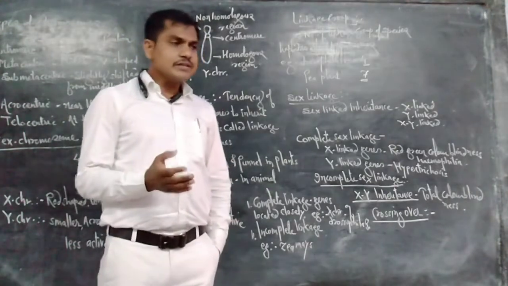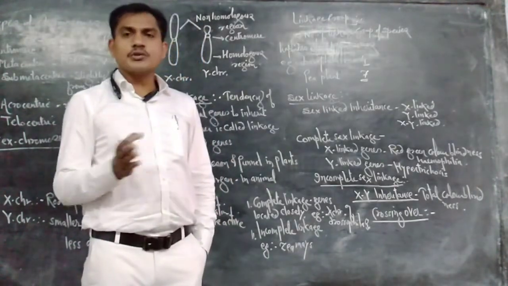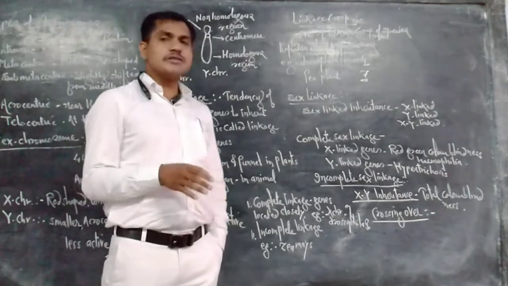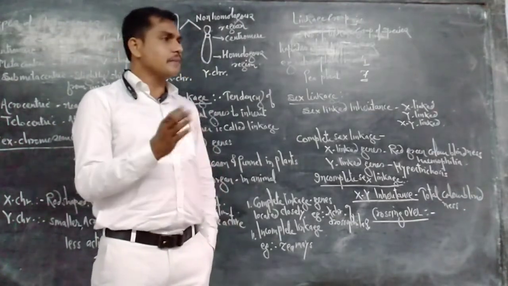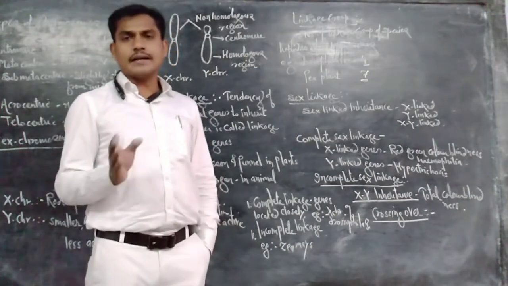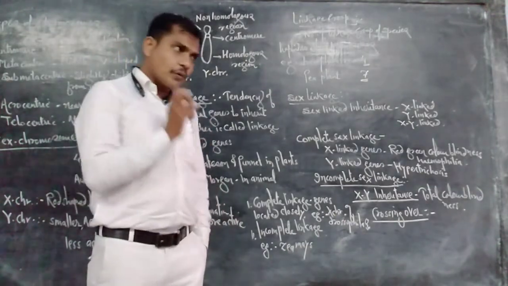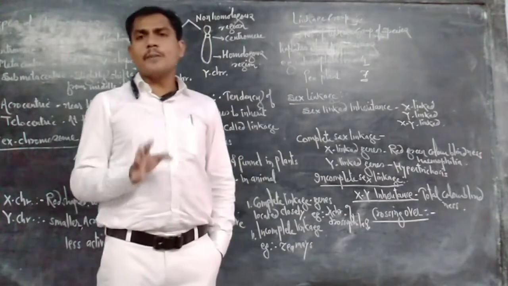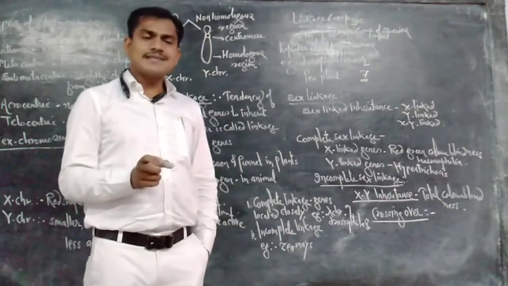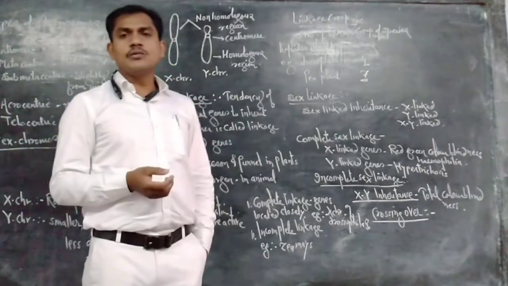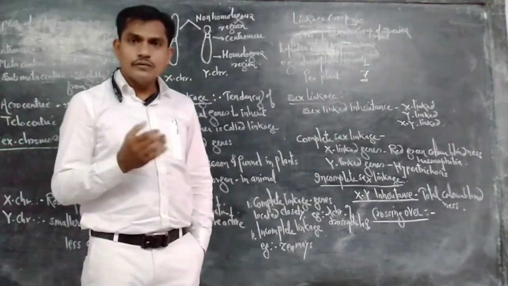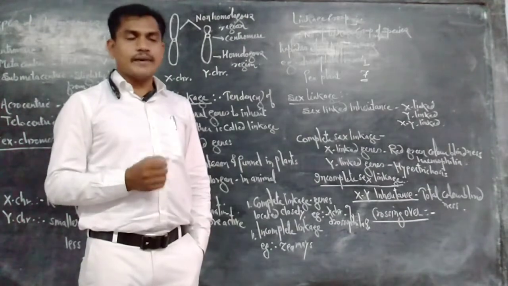In meiosis, two parts are there: meiosis first and meiosis second. In meiosis first, there are four phases: prophase first, metaphase first, anaphase first, and telophase first. Prophase first is the longest and most complicated phase in meiosis, which divides into 5 steps.